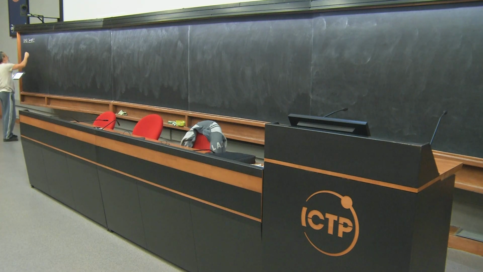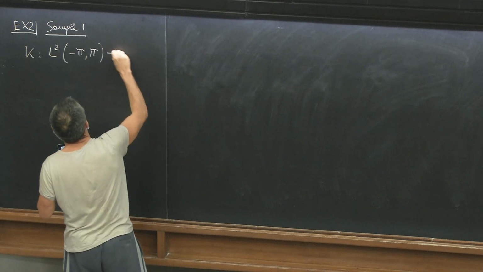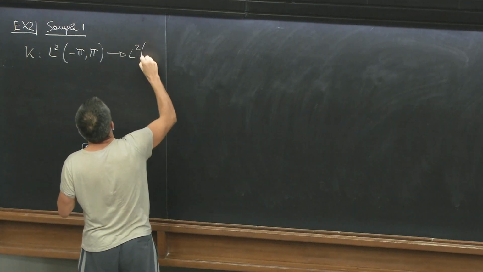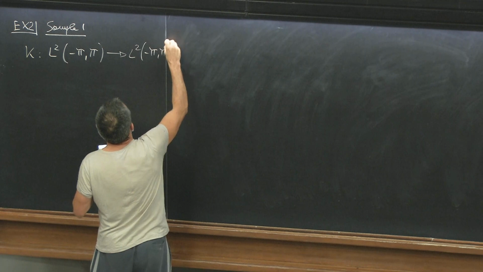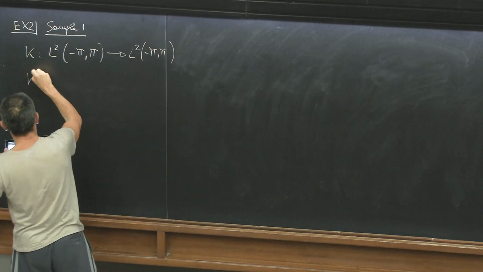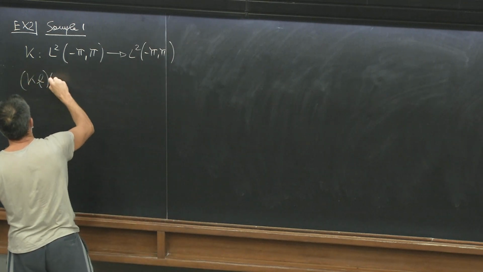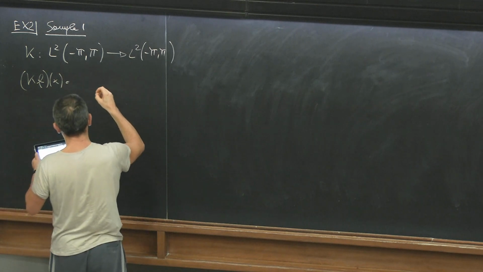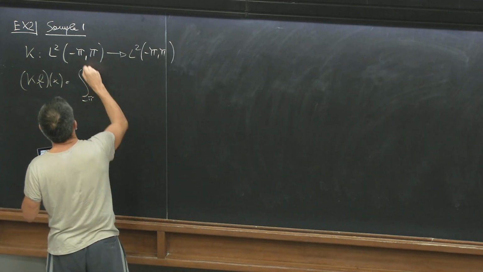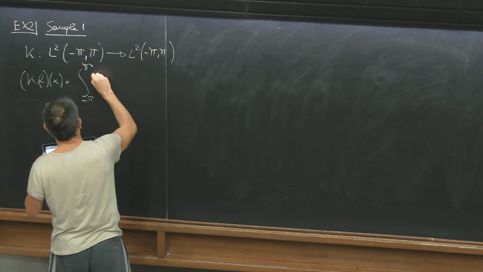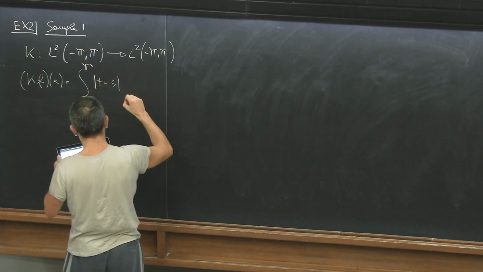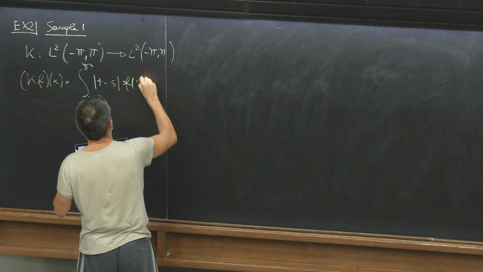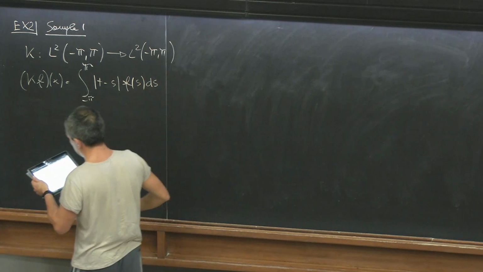Now I give you an operator K from L2 of minus pi to pi into itself, defined by Kf evaluated in x equal to the integral from minus pi to pi of (t minus s) f(s) ds.